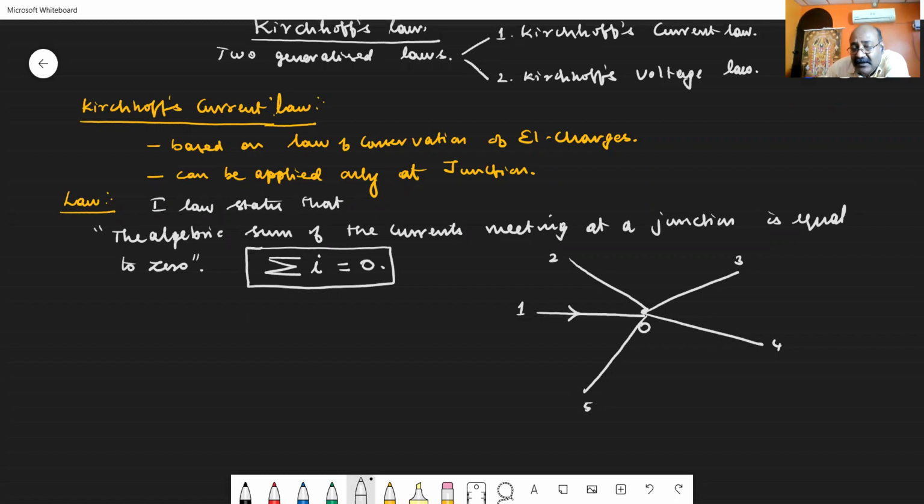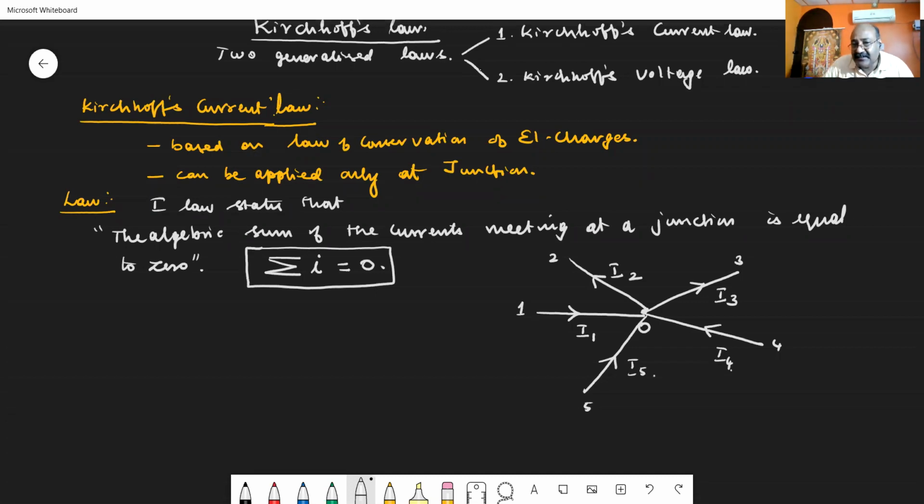In conductor 1, a current of I1 ampere is flowing; in conductor 2, I2; in conductor 3, I3; in conductor 4, I4; and in conductor 5, I5.